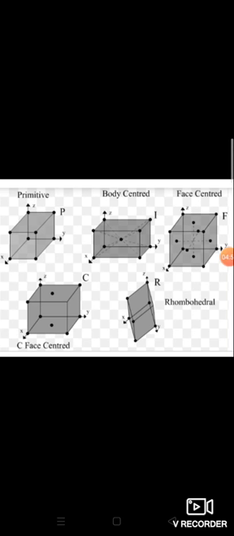In a centered unit cell, constituent particles are present on the corner positions as well as at the body center or at the face center. Each is represented as a lattice point.